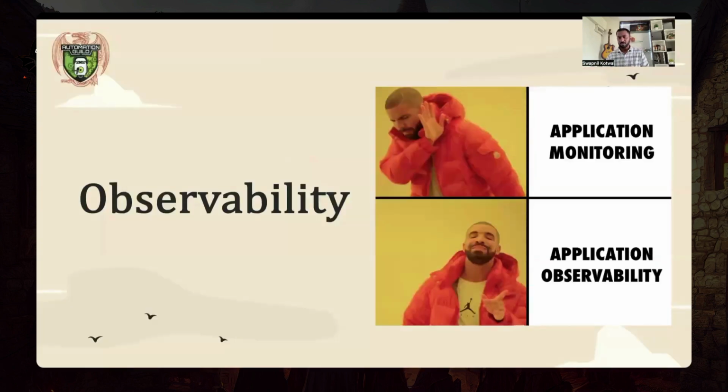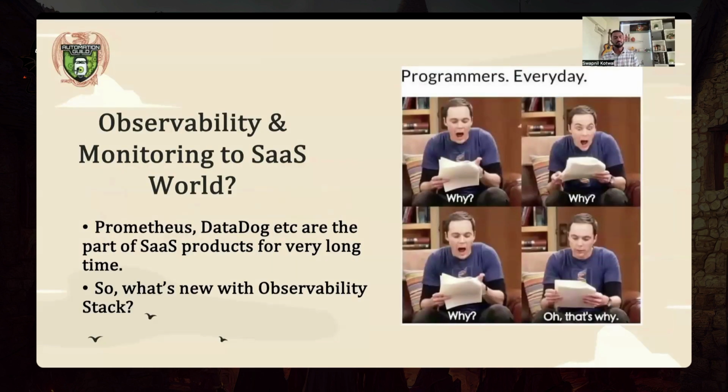So what is observability? Is it any new thing? No, it's not a very new thing. We have been monitoring our systems using many, I would say, vendors like Datadog, Prometheus, Grafana, and so many, right? But there was never a unified way of instrumenting your source code and emitting those traces, logs, or metrics.